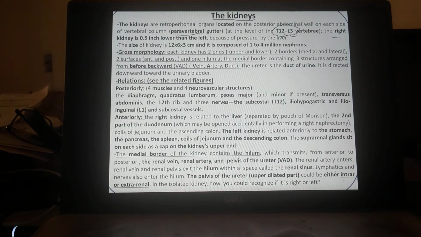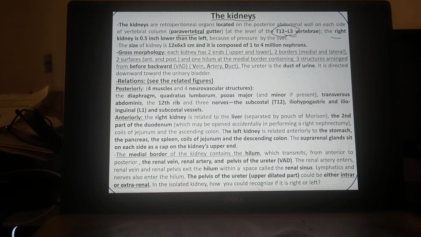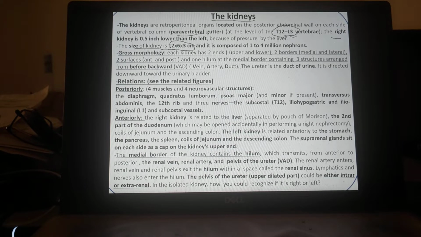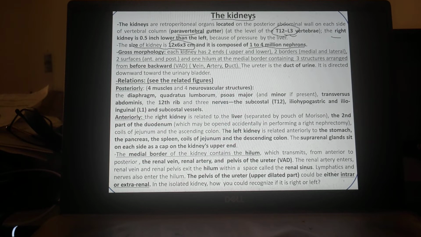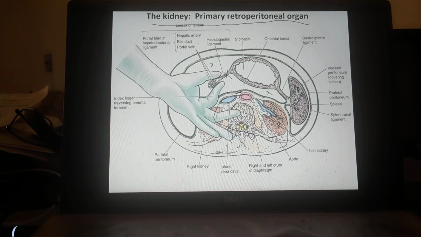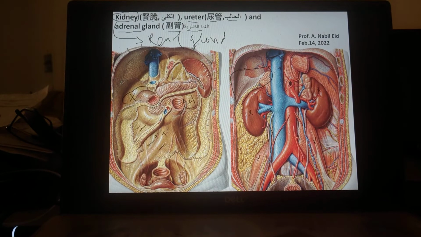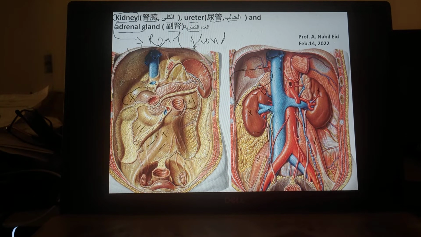The size of the kidney, here are the dimensions, 12 by 6 by 3, and it contains 1 to 4 million nephrons. Each kidney has an upper pole or upper end, and a lower pole or lower end.